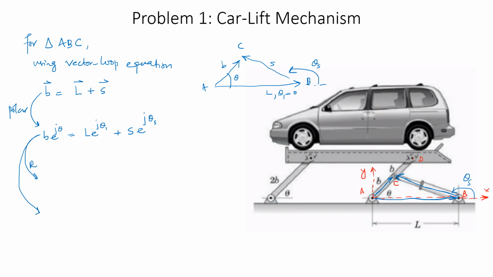So for real, you are going to write down something like this, like you have B cos of theta over here to be equal to L cos of theta 1, which is actually equal to 0, so that would turn this cos of 0 to be equal to 1, plus S cos of theta S. So since theta 1 is equal to 0, this is going to be equal to 1.